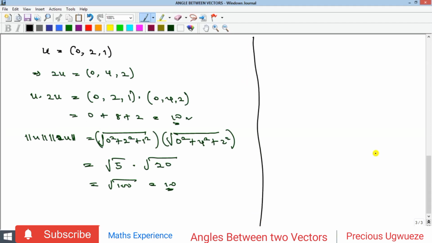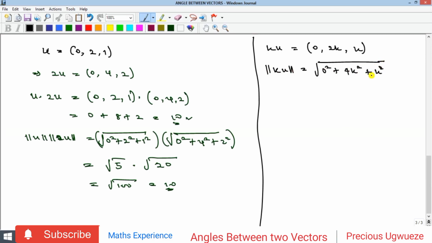The arbitrary approach is to multiply u by k, so that you have 0, then 2k, and then k. Now try to find the magnitude of this. The magnitude of ku is going to be equal to the square root of 0 squared plus 4k squared plus k squared.